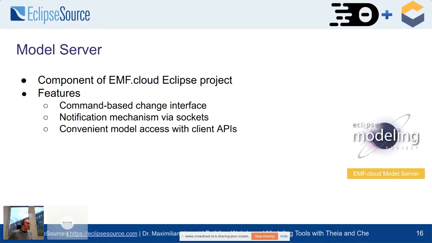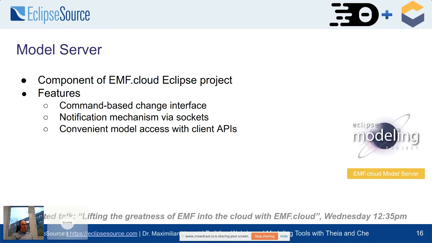The features that it comes with are a command-based change interface, so you can send changes as commands to the model server. It has a notification mechanism via sockets, so editors in the front end can subscribe to changes. And it has some convenient model access with client APIs, like we've seen the TypeScript-based client API.